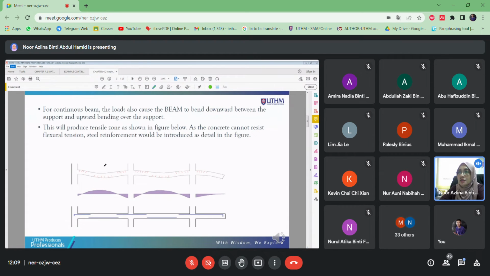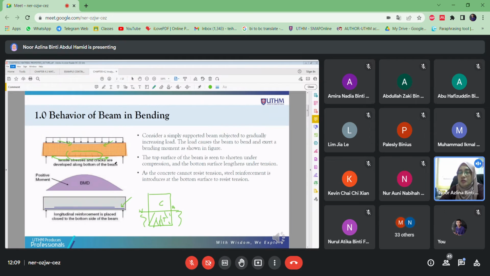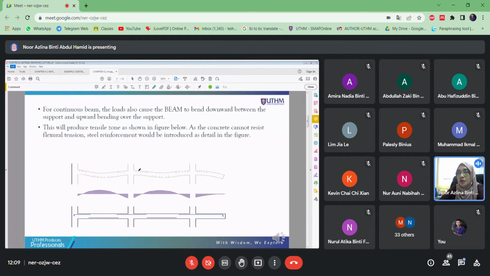Then for the continuous beam, kalau simply supported, only one bending. Kalau continuous, there will be many spans for the bending here. So some of it bends upward, downward, and also upward here.